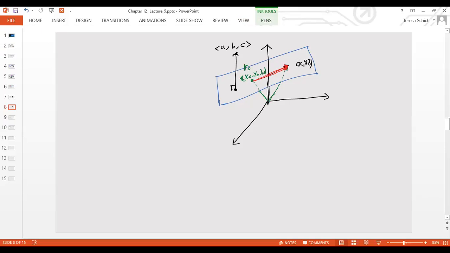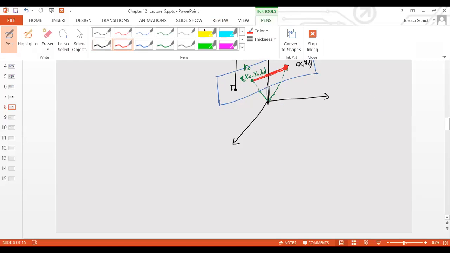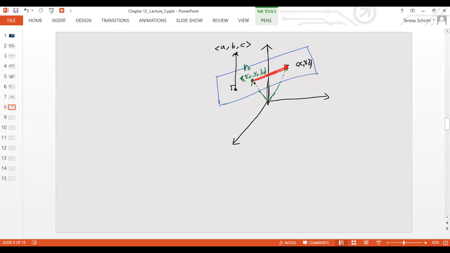It's lying on top of the plane. Using the vector notation we learned in the second lecture notes, this is r0, and any point x, y, z you can put as vector r. So this red one is the vector r minus r0.